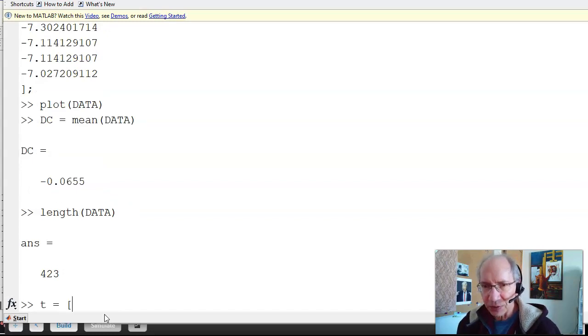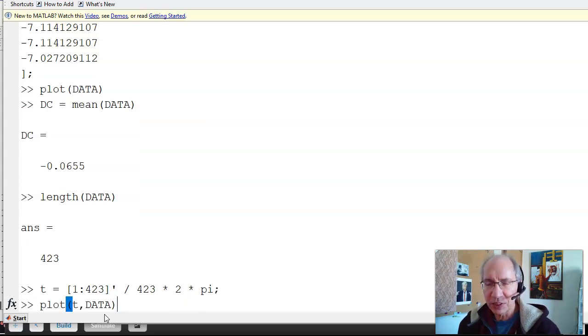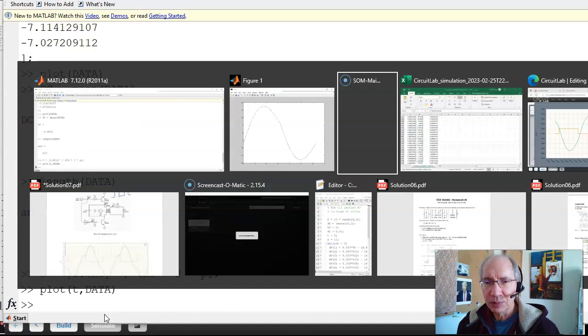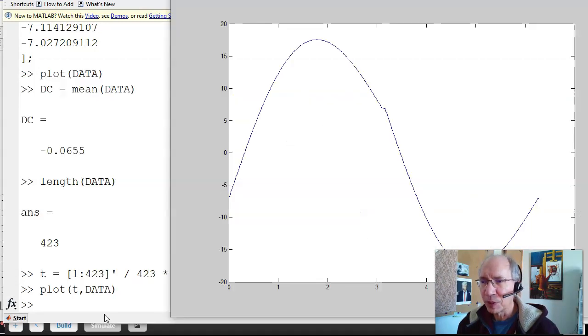So let t go from 1 to 423, divided by 423, that goes 0 to 1, times 2 times pi. So plot t versus data. There it is. My data has a period of 2 pi.